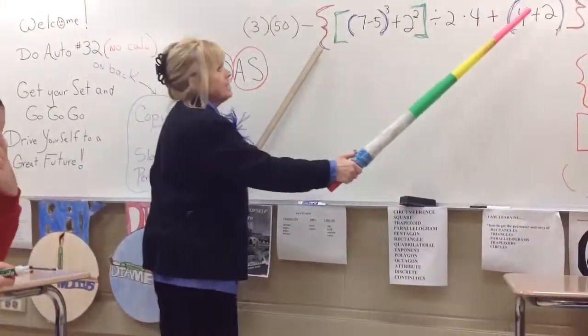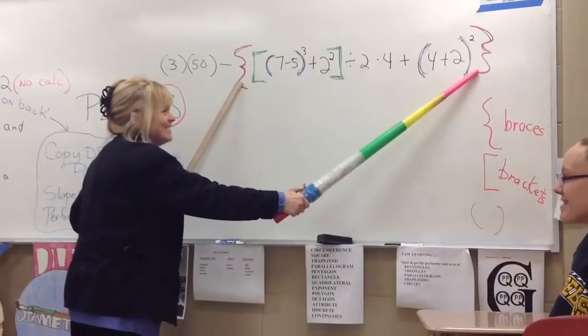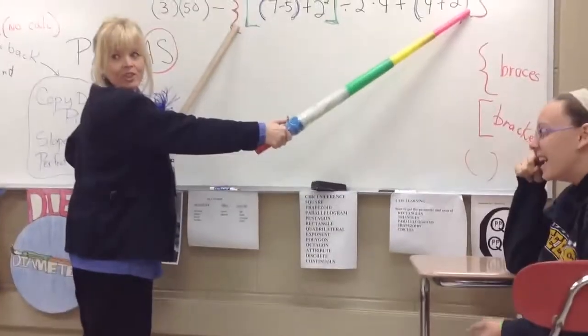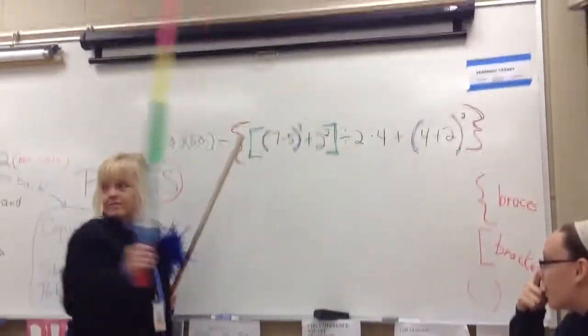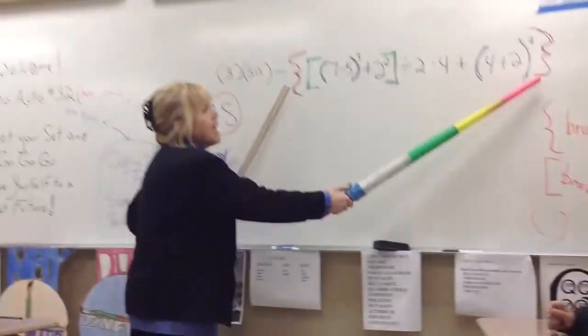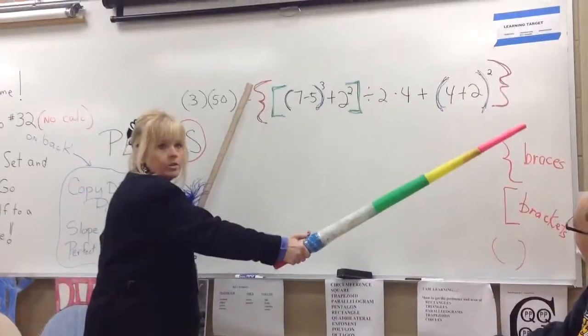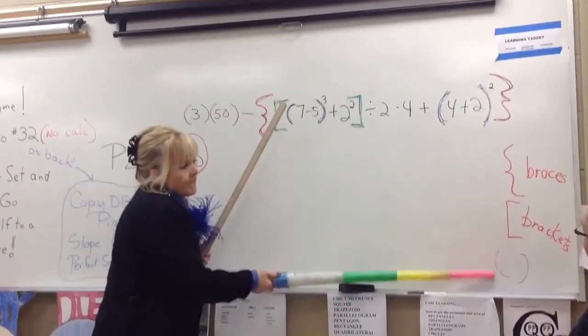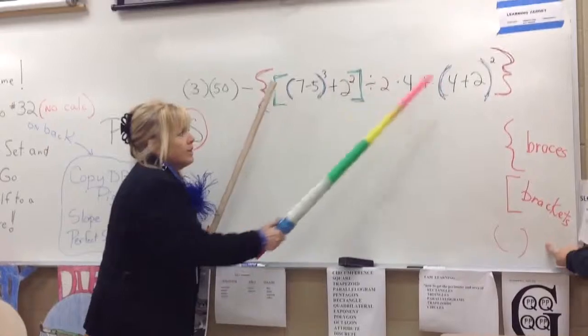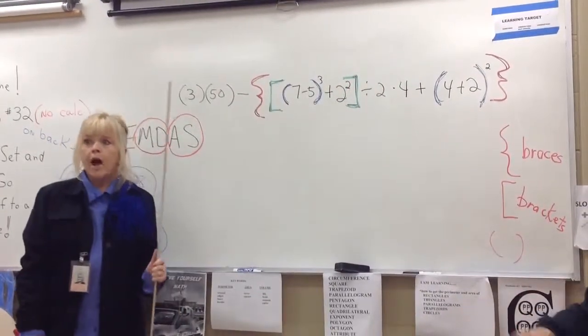They match, okay? Touch your braces. And what you have to do is go to the inside guts and eat your way out. What set is on the very inside? Your blue ones. So the first thing you're going to do is your blue.